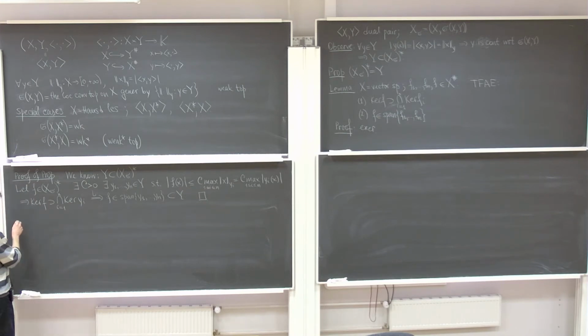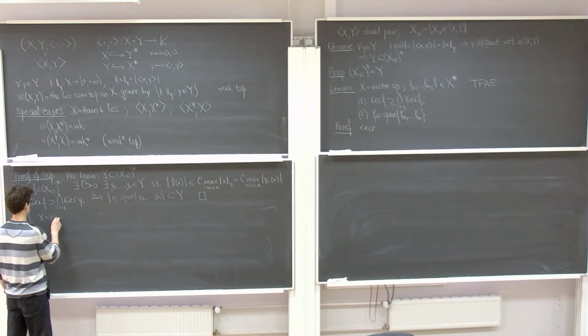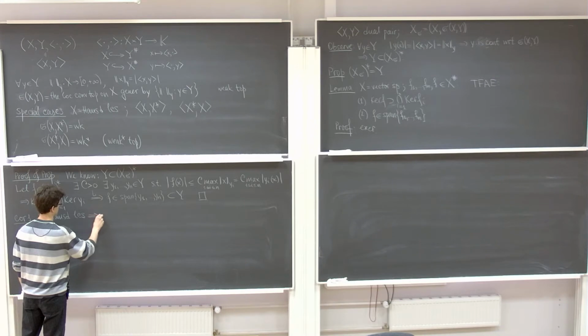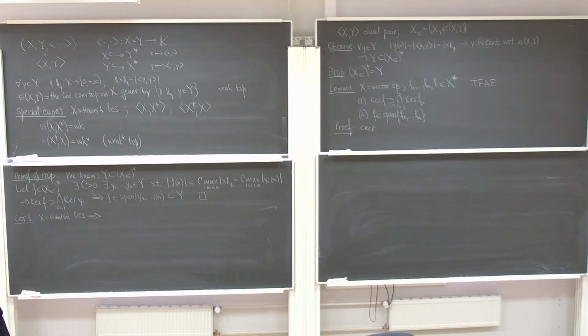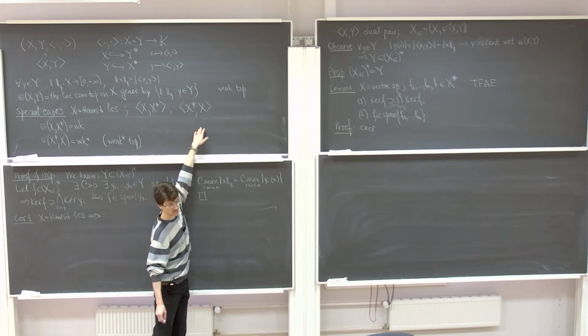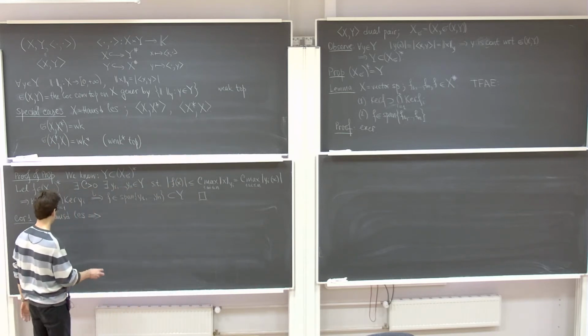Okay, let's now look at some corollaries. Corollary 1. Suppose that X is a Hausdorff locally convex space. So in this case, again, we can consider these dual pairs, this one and this one, and we get the following.